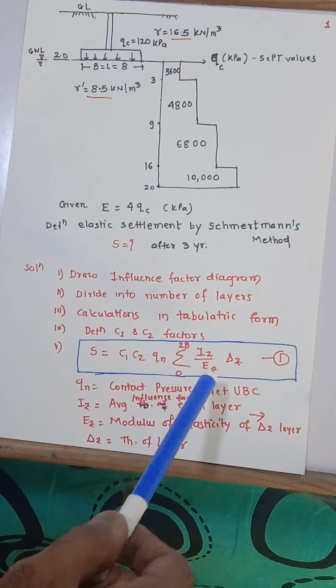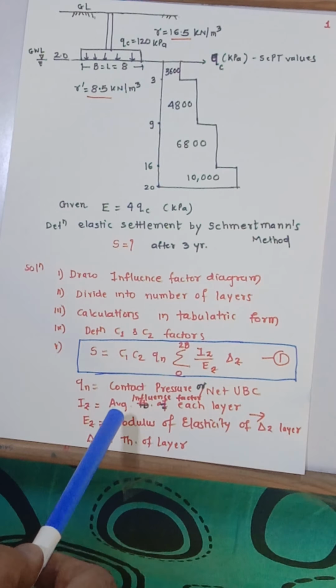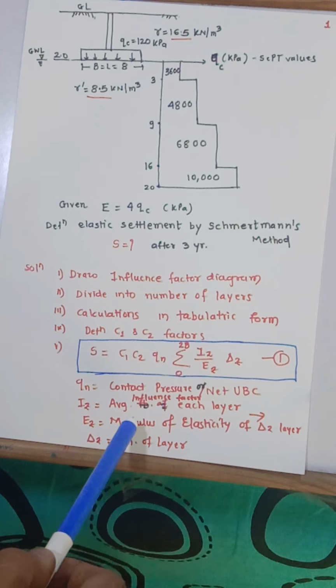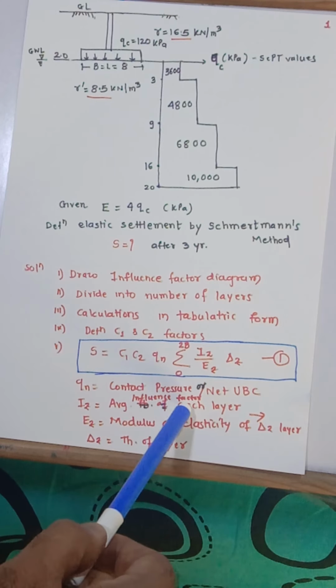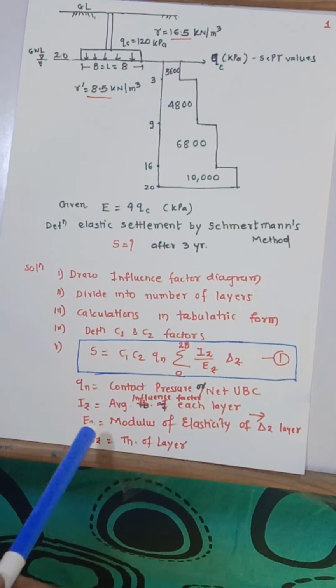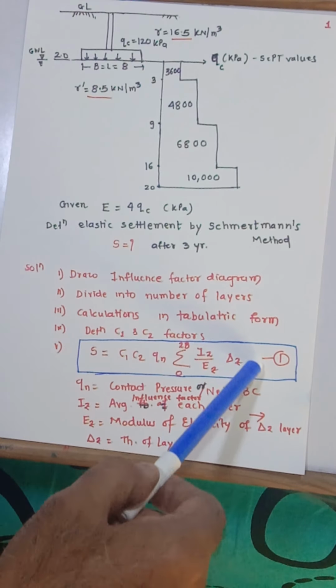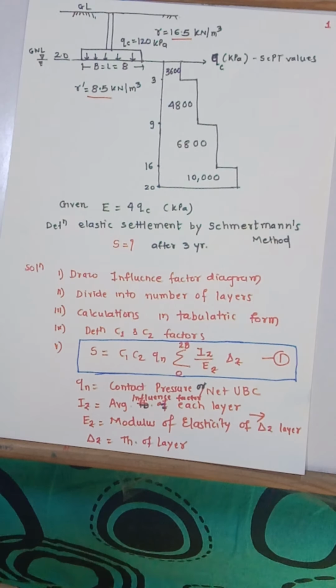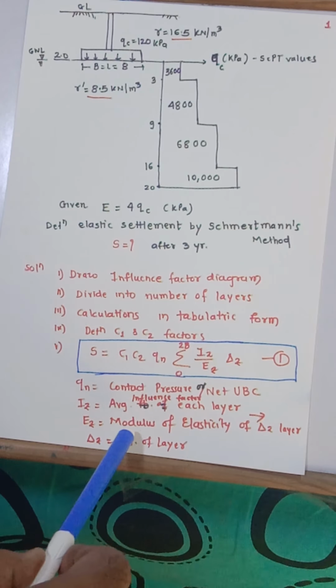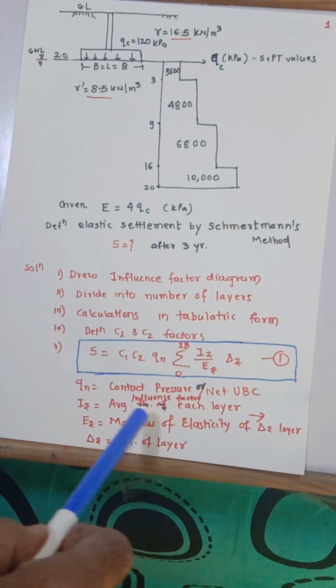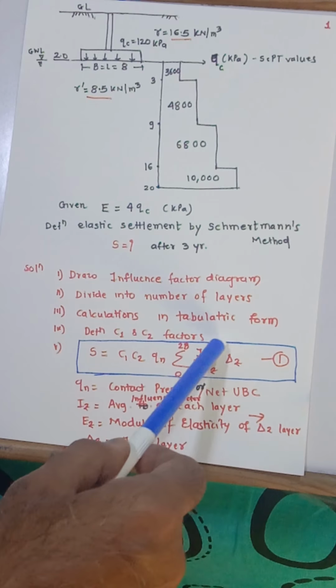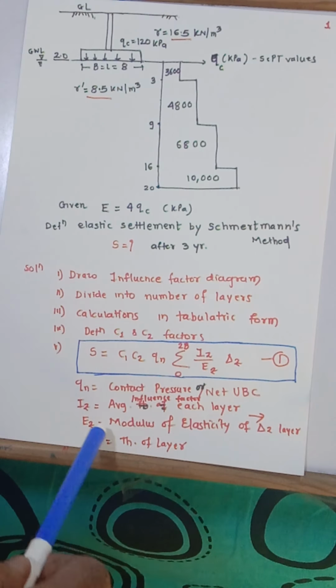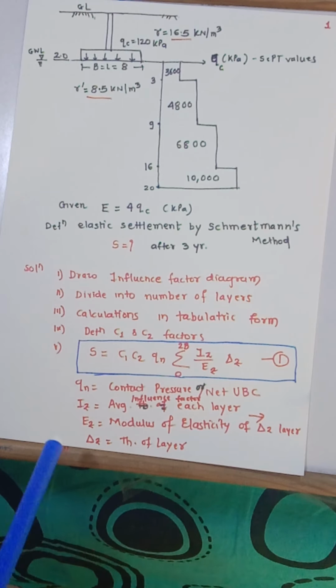Then Iz is nothing but how the settlement varies, which is given by another influence factor, and this is the average over each delta z. Similarly, Ez is the modulus of elasticity in that particular depth delta z, and delta z is the thickness of the layer.